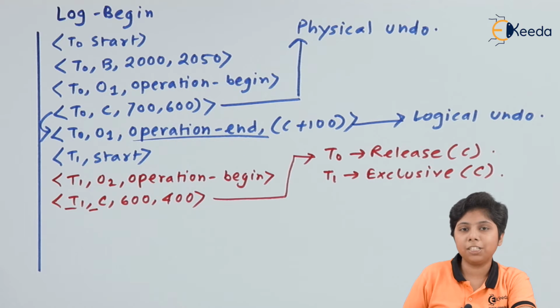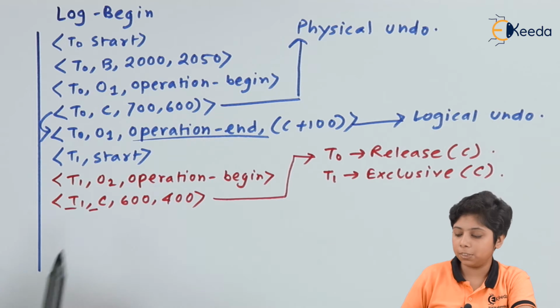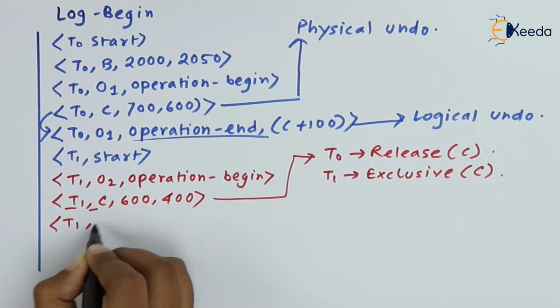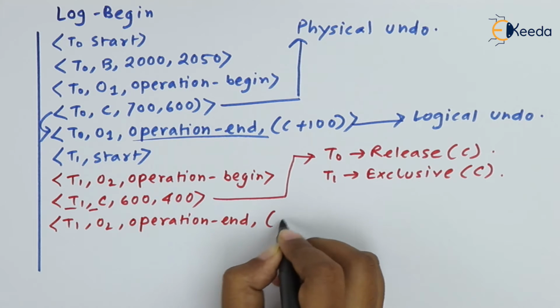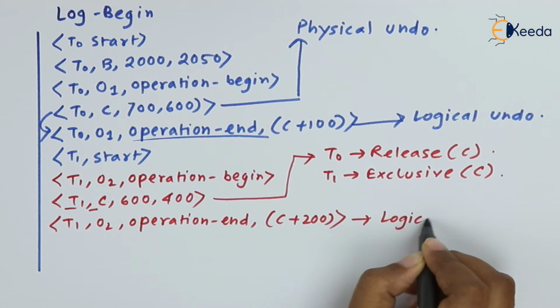After the update, it performs the operation end on T1 for O2 with C plus 200. That will also be a logical undo, since the update of C is already there and we are ending the operation on it. So this is a logical undo.